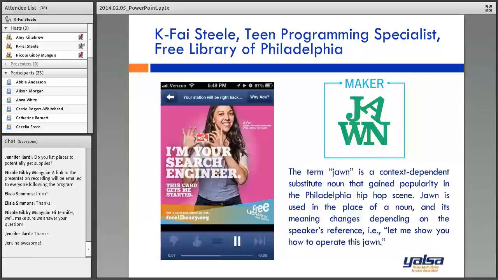So we have started up the Maker John initiative. It began about last year, and for all of you who are just starting your maker programming, this is something that we just started a little over a year ago, and we've just grown so much. It's a testimony that it's never too late to get started in the maker thing.